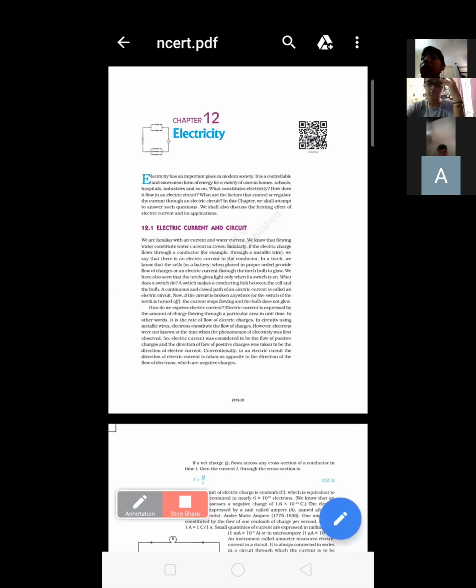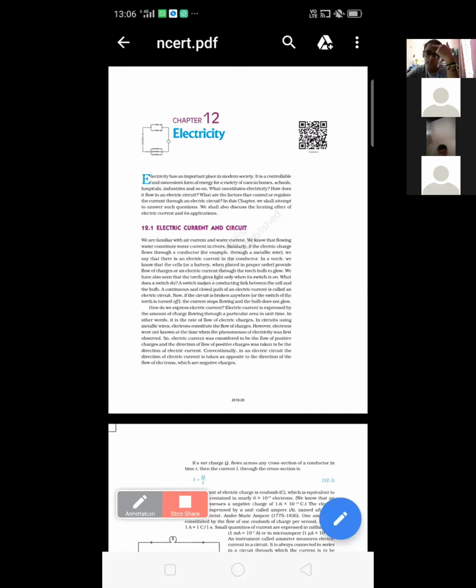The three resistors that we have. It's a series circuit, so we'll add them and we'll get 3 by 2 as the total resistance. Yeah, that's 3 by 2.